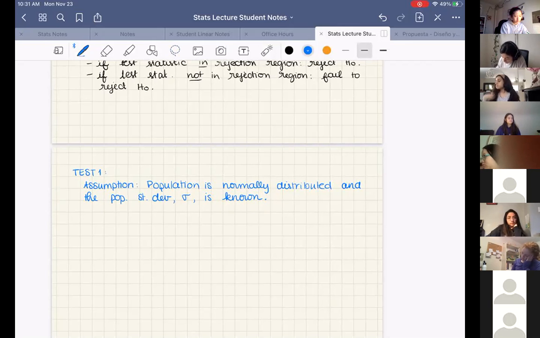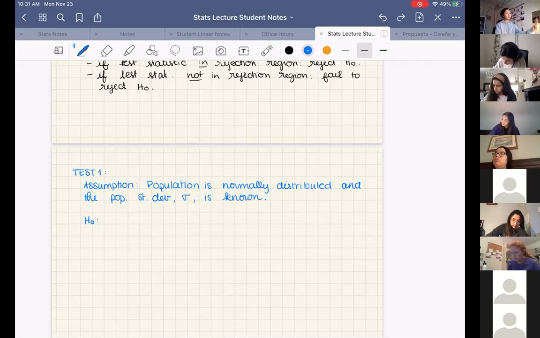So the null hypothesis in this case is always going to be for the mean that you are trying to look for. So you're going to check that mu is equal to some value.